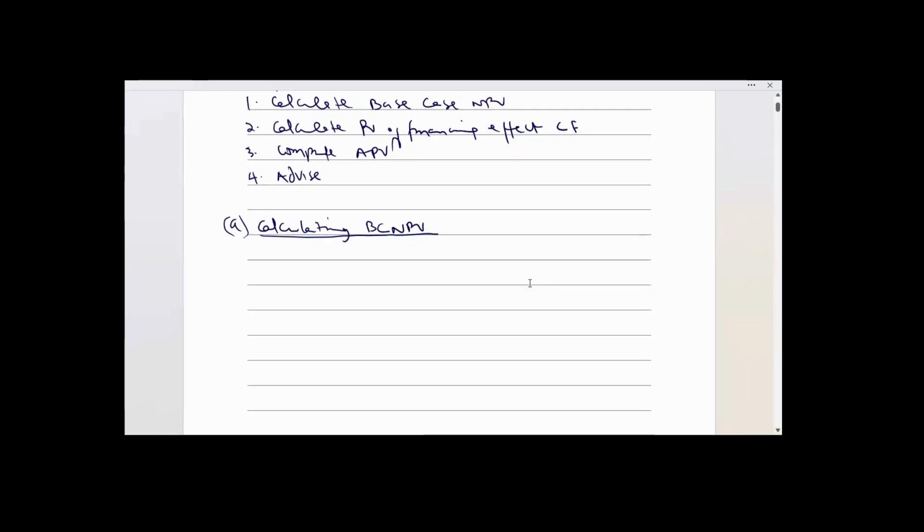In the determination of base case NPV, the following procedures should be considered.